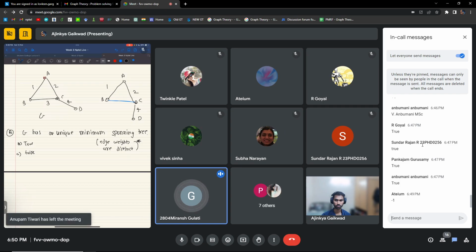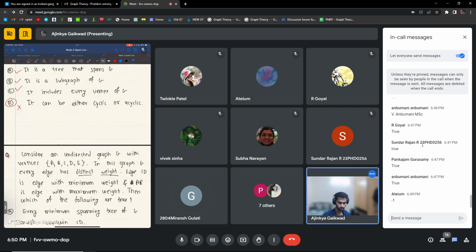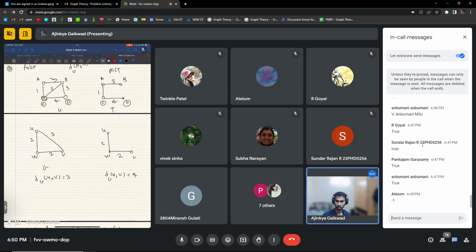You gave a contradiction in a question with triangles, I think. Yes, so that was distinct. Let me go back. Yes, so here. So the weights were distinct in graph G and minimum spanning tree T. So after some point, the graph can follow this kind of thing, and if so, this will become false.